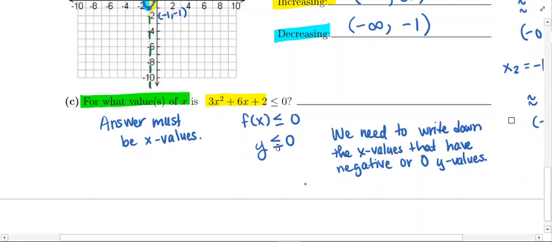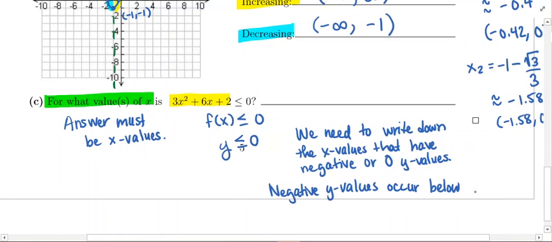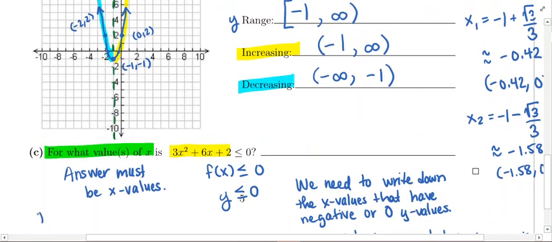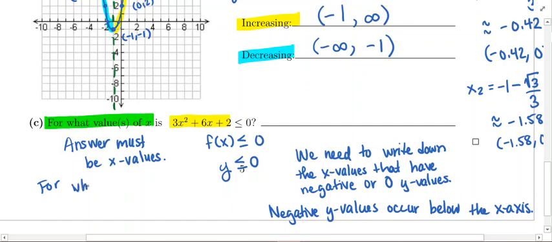We know that negative y values occur below the x-axis. So the question becomes, for which x values is the parabola below the x-axis?